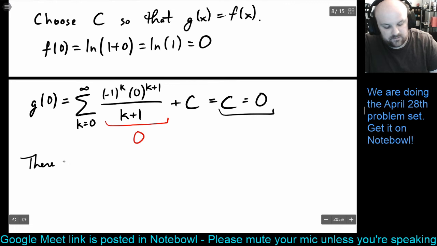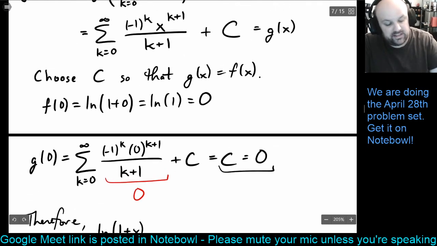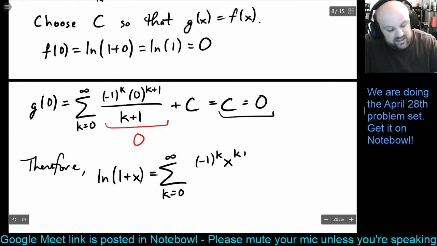Therefore, ln of 1 plus x is equal to this expression with c equals 0. So this is exactly given by the sum from 0 to infinity of minus 1 to the k, x to the k plus 1 over k plus 1.